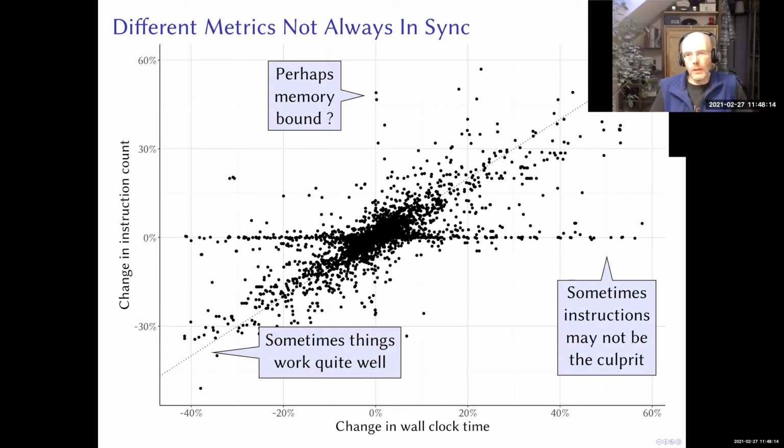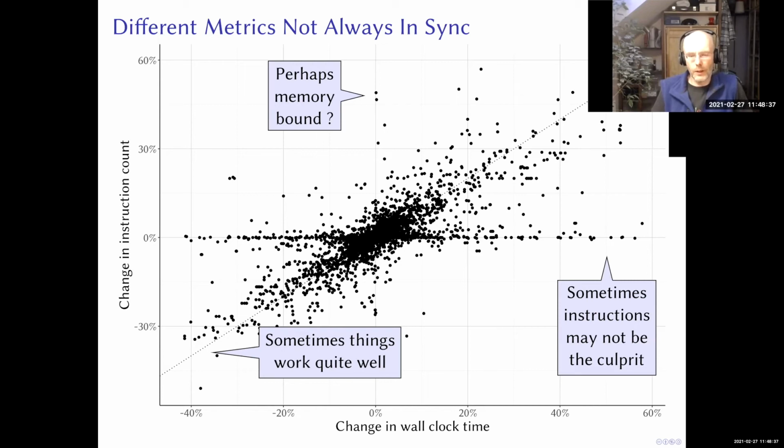So that leads us to an observation that maybe the wall clock time should be understood as a main metric, because that's what people care about, performance, right? Or we could pick some other metric like energy consumed per iteration. We also tried that. And we should consider the other metrics as secondary.